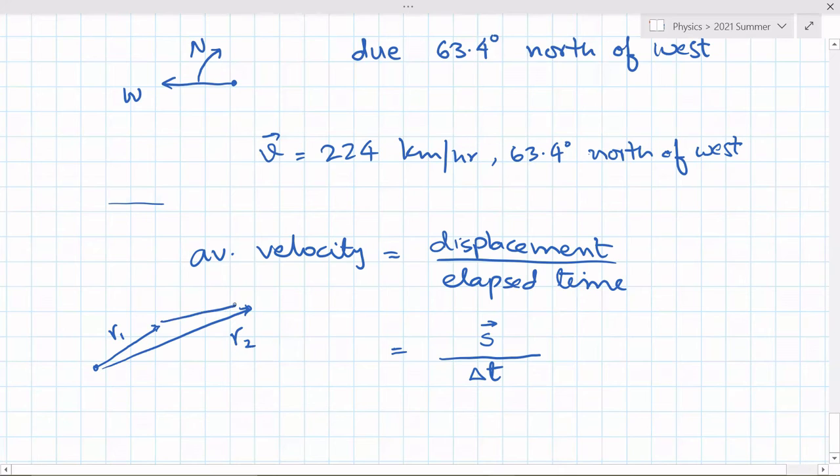And if this is the displacement vector S, then what is S equal to? R2 minus R1. Usually these things work out as final minus initial, right? If R2 is your final position, then the displacement is R2 minus R1. So R final minus R initial over delta t.